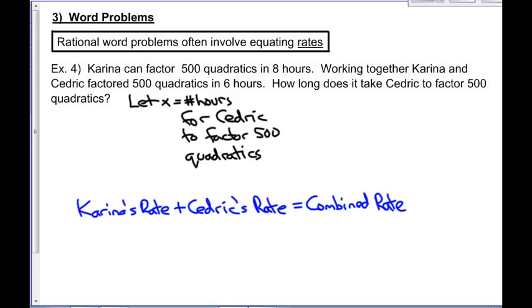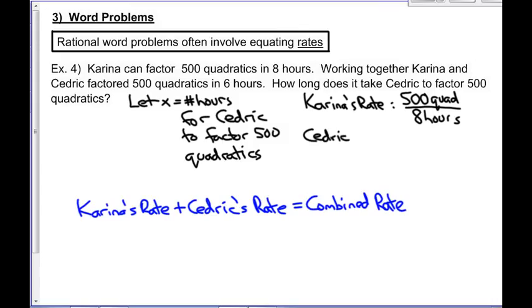Okay, and now we'll make some expressions. What is Karina's rate? It's 500 quadratics per 8 hours, or 500 over 8. What is Cedric's rate? Well, it would be 500 quadratics per x hours.